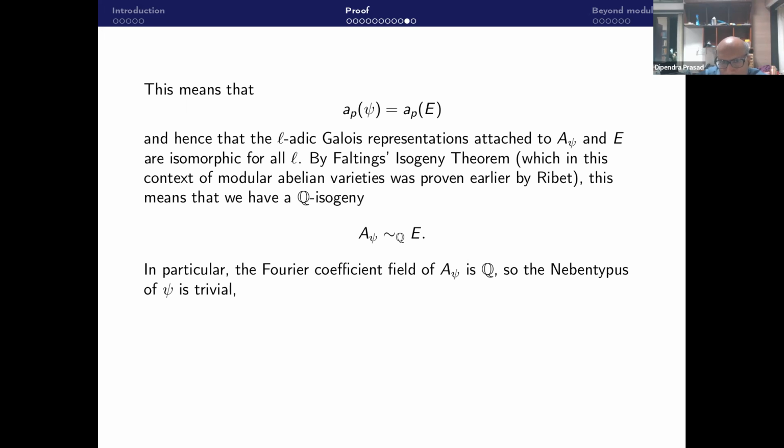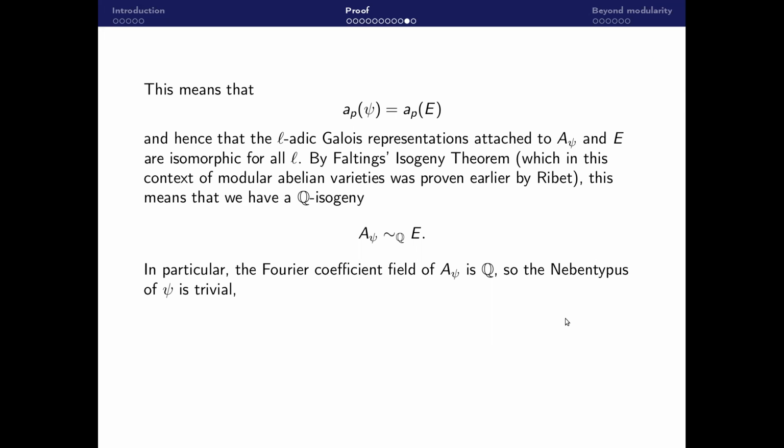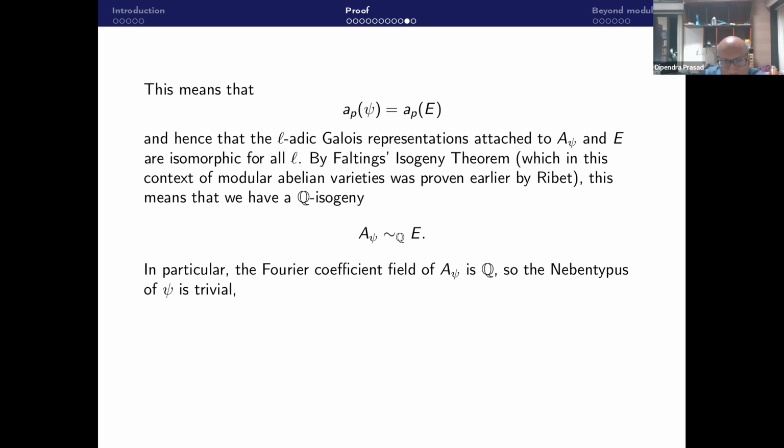I mean, there is some issue there, no? Yeah, it does look like. I think what happens is that there's a lemma of Shimura's that if you have a modular form and you twist it, you get a modular form, but possibly of higher level. Right. So something needs to be proven there.